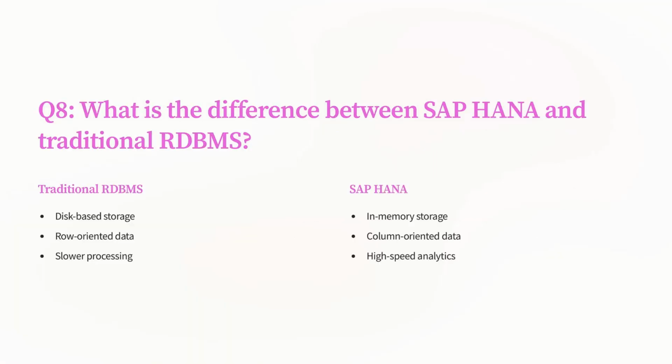8. What is the difference between SAP HANA and traditional RDBMS? Traditional RDBMS rely on disk-based storage and row-based data, while HANA uses in-memory storage and columnar structure for high-speed processing and analytics. Here comes another question that often comes up in interviews. 9.